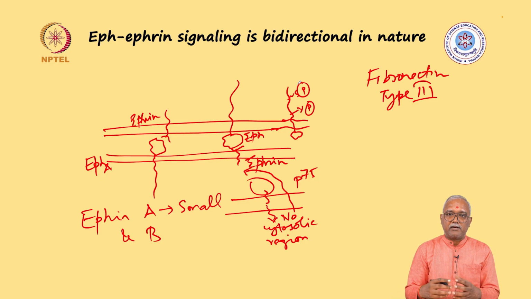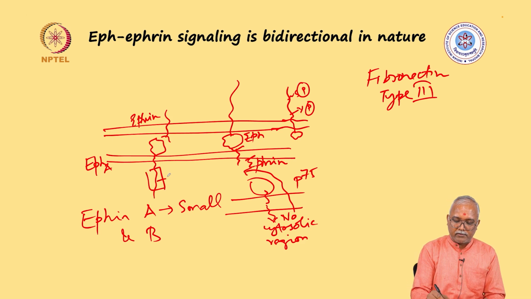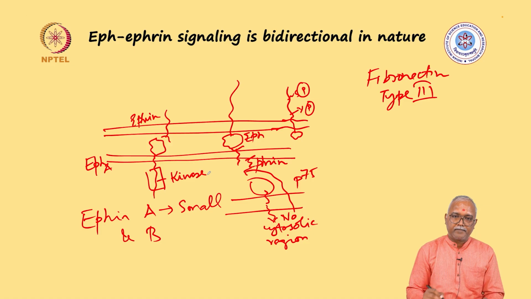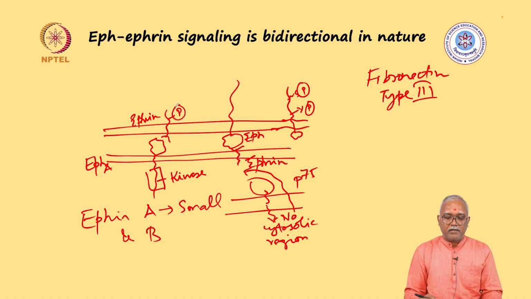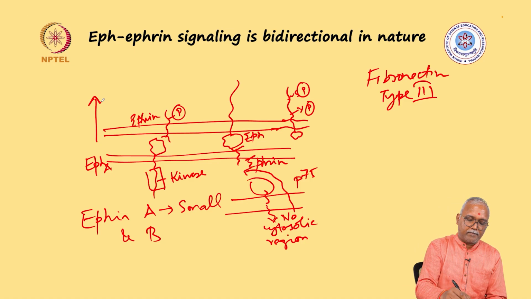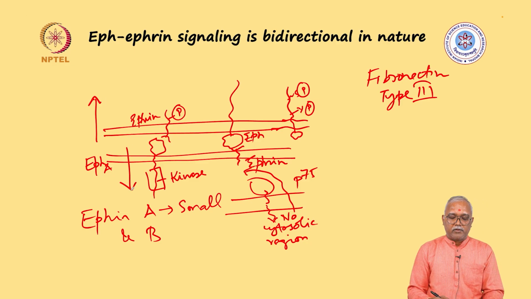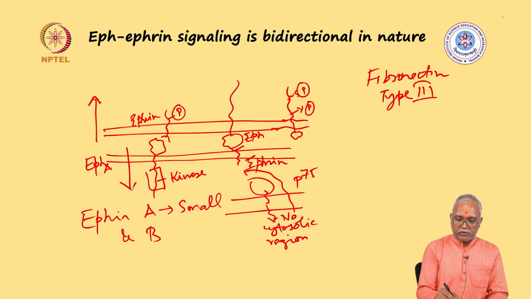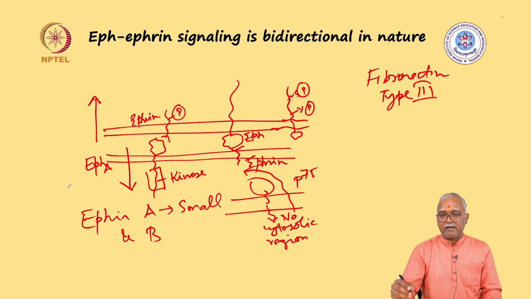So, when there is signaling going on between the two cell types, you would see that the kinase domain which is present in the EPH receptor will phosphorylate itself, functional engagement will phosphorylate the cytoplasmic tail of the type B receptor, and signaling will go in both directions. There is something called forward signaling and there is something called inverse or reverse signaling.